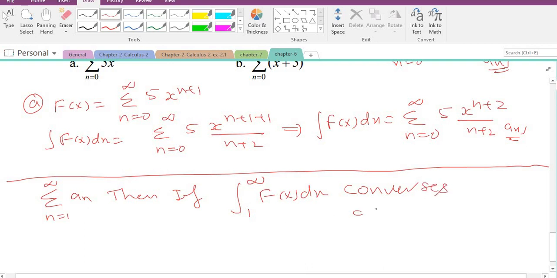If this one is divergent, then the series will be divergent.